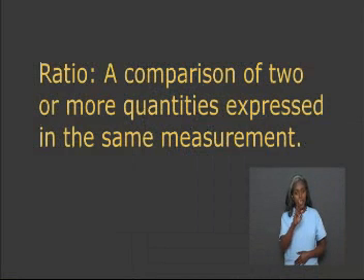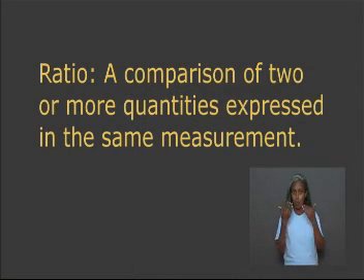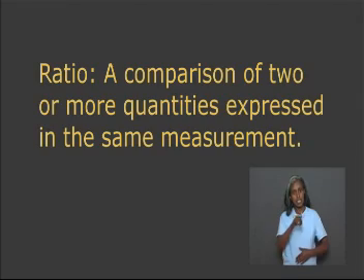Let us get started by defining a ratio, students. A ratio is a comparison of two or more quantities expressed in the same unit of measurement. How many boys are there in your class? How many girls are there? If you know how many of each there are, you can calculate the ratio of boys to girls in the class.